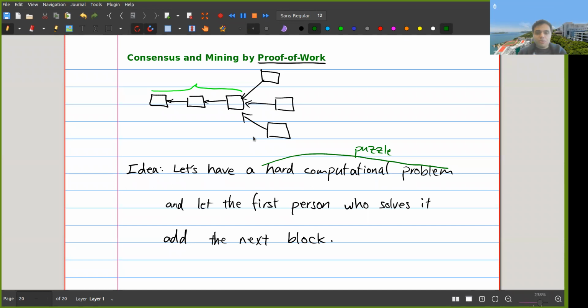If 2 different people solve this puzzle at approximately the same time, because the network also has some delay, of course, then I might get 2 or more blocks, and maybe all of them have solved the puzzle. So what I want to do, ideally, is make this puzzle so hard that it's unlikely that 2 people solve it at the same time.